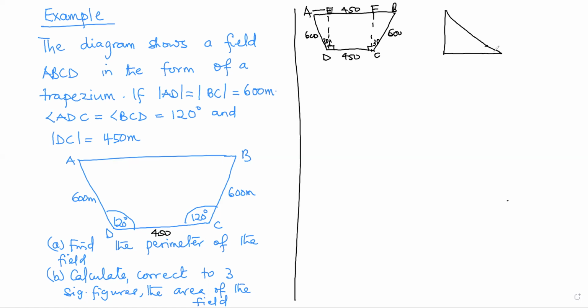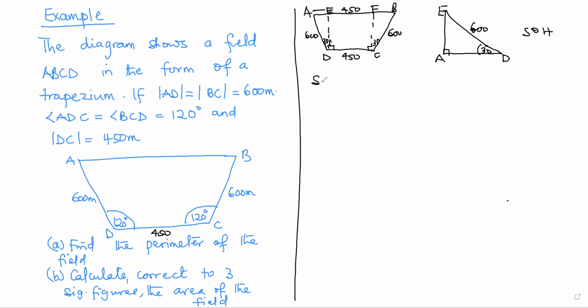Okay, so now removing it will be like this, where we have our 30 here, we have our A here, we have our E here, and we have our D here. So we are here 600, and we want to find this AE. So to find this AE, this is opposite and this is hypotenuse. So if you have opposite hypotenuse, we use sine.